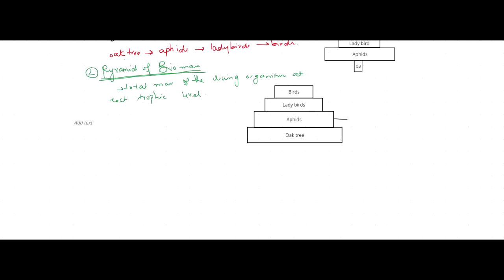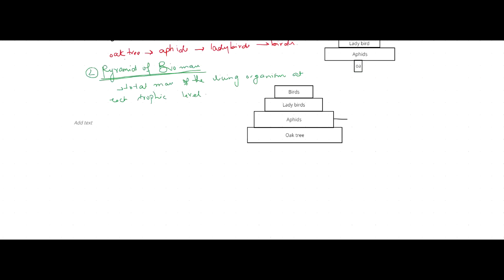right? Other than that, some parts of the plant are not eaten or not digested. So for example, maybe the grasshopper is only eating the leaves of the grass and not the roots of the grass. So again, the energy stored in the roots of the grass is not really getting to the grasshopper. So in this process, a lot of the energy is actually lost.